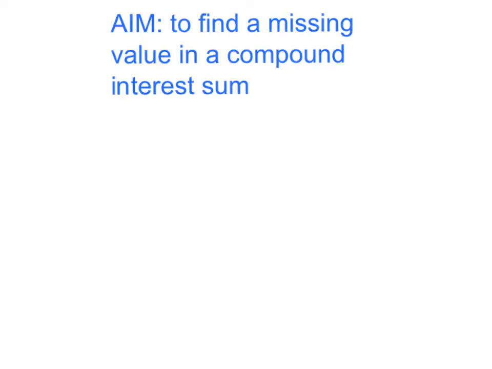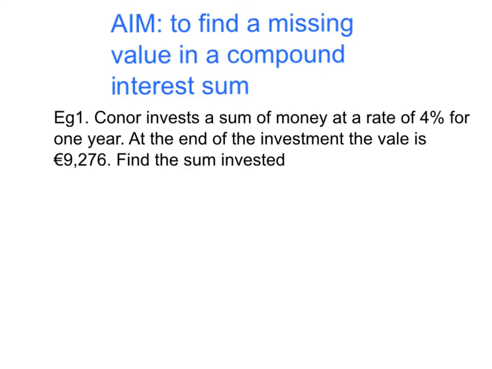Just, I suppose, the important thing to remember here is you're always doing the opposite action. So when you do something across an equal sign, as we'll see in a minute, you're doing the opposite action. So now, just remember our formula for compound interest, because we're going to need it here.